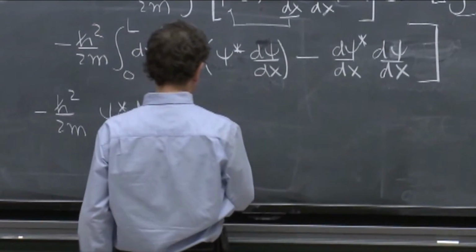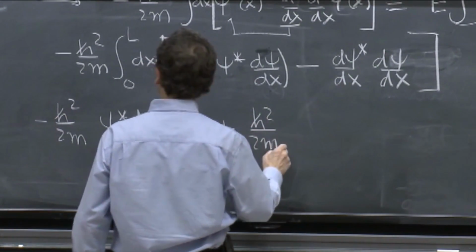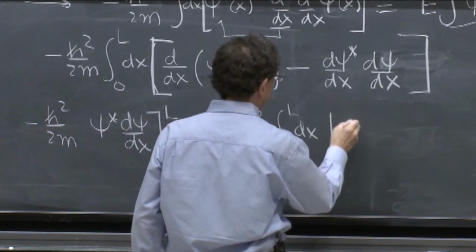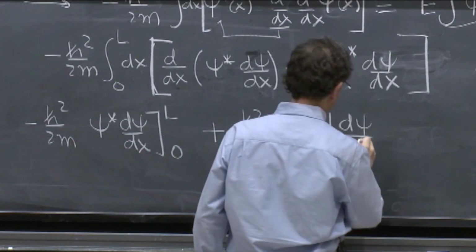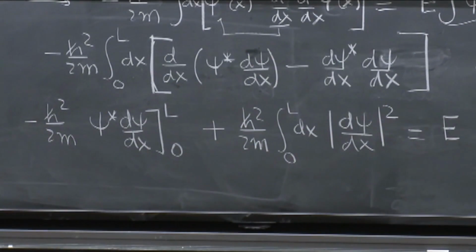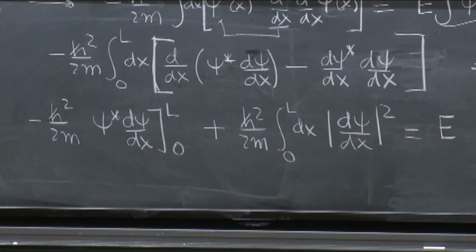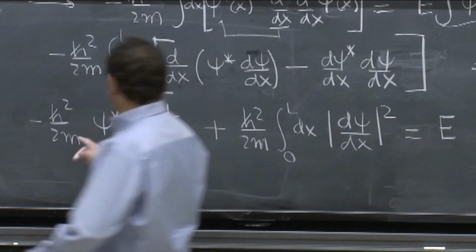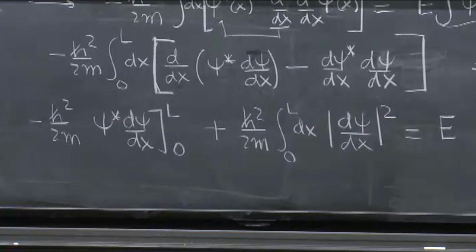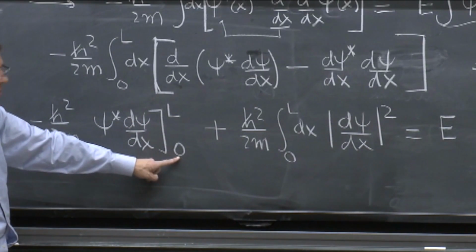And then minus signs cancel, so you get plus h bar squared over 2m integral from 0 to L dx of the absolute value of d psi dx squared equals E. And therefore, this boundary quantity is 0. The point L is the same point as the point 0.